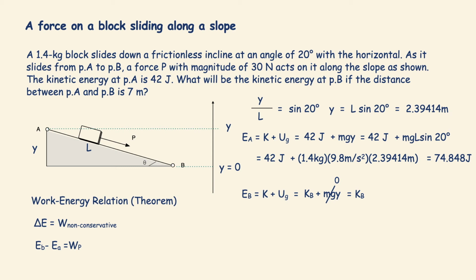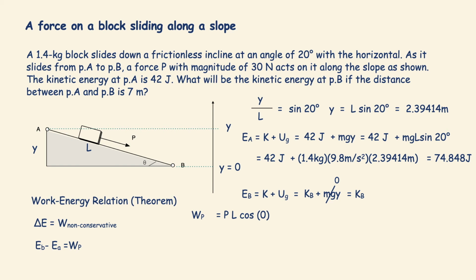So naturally, the question here is, well, what is the work of that force? We'll use the formula for a force that is constant and doesn't change its direction. The work of such a force will be simply equal to the force times the displacement as the block moves, times the cosine of the angle between the applied force and the displacement.